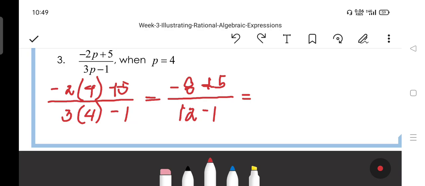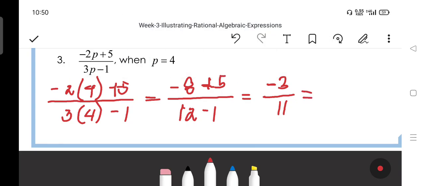So we have here negative 8 plus 5. That means the two numbers here are unlike signed numbers. If this is the case, we simply subtract and then copy the sign of the bigger number. So we have 8 minus 5, we have 3. And the sign of the bigger number, which is 8, is negative. So therefore, we have negative 3. And 12 minus 1 is 11.